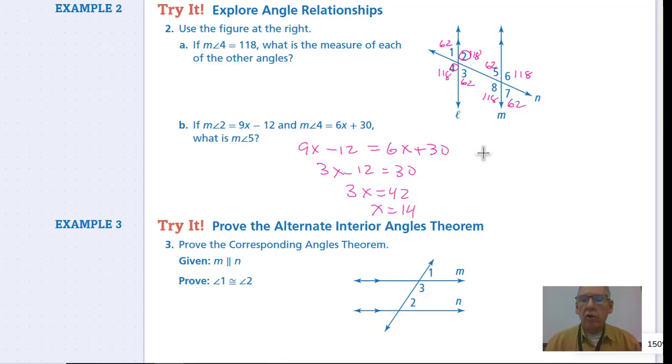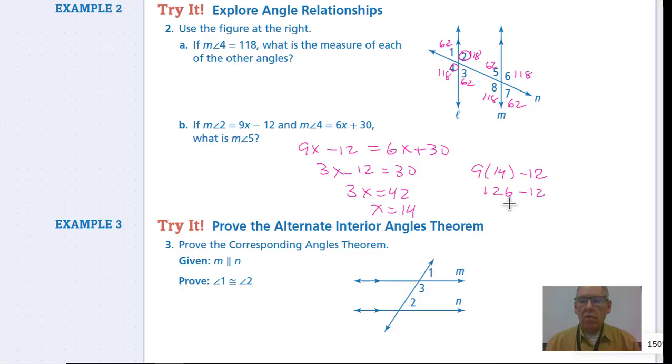Now they want to know what the measure of angle 5 is. Let's look. Angle 5 is the same side interior angle with angle 2. So angle 5's measure is going to be supplementary with angle 2's measure. So we need to find out what the measure of angle 2 is, which is 9 times 14. 90 and 36 is 126.